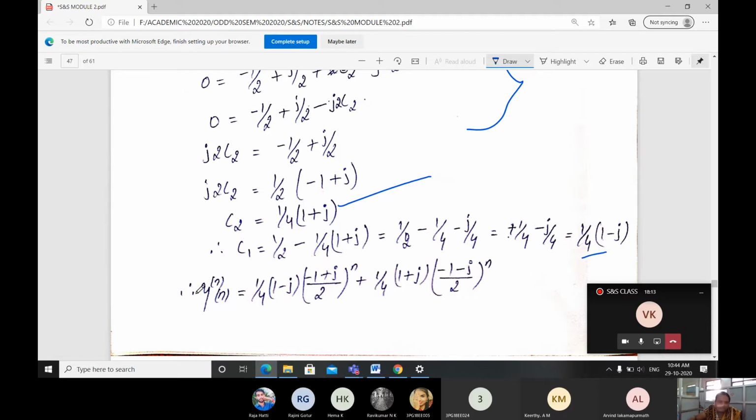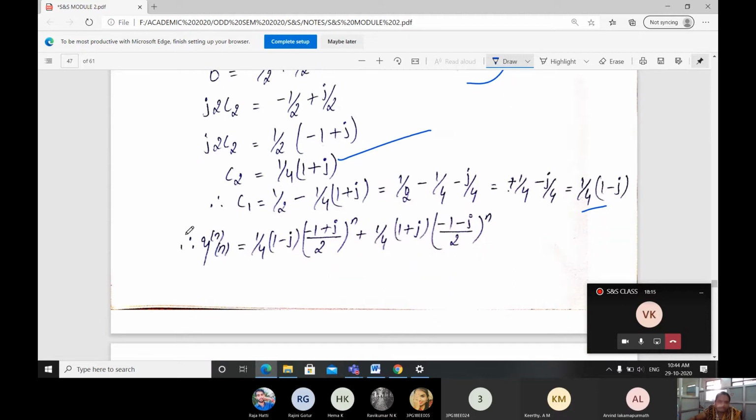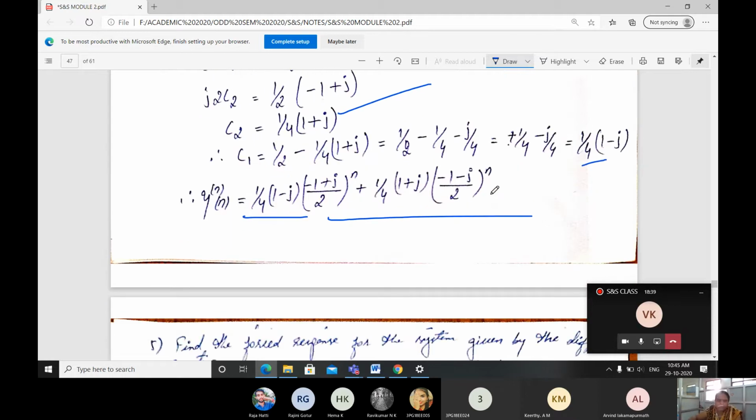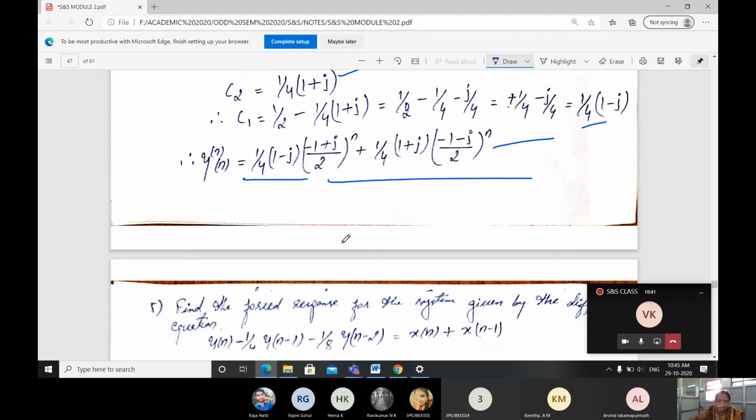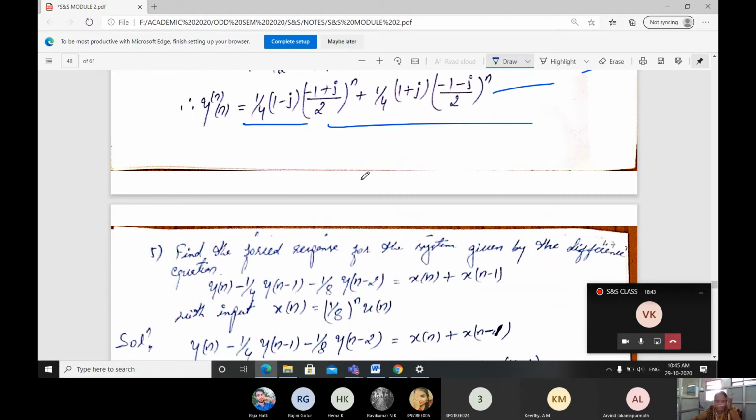Therefore the natural response is C1 is 1 by 4 (1 minus j) into ((minus 1 plus j) by 2) power n, plus 1 by 4 (1 plus j) into ((minus 1 minus j) by 2) whole power n. Okay, this is what you have to do in these problems. This is based on natural response.